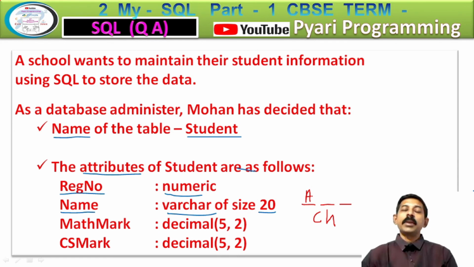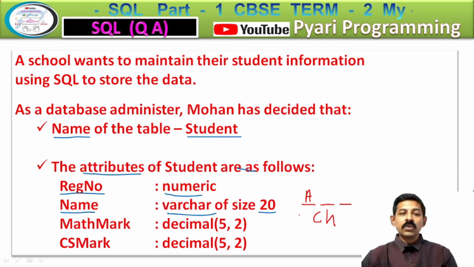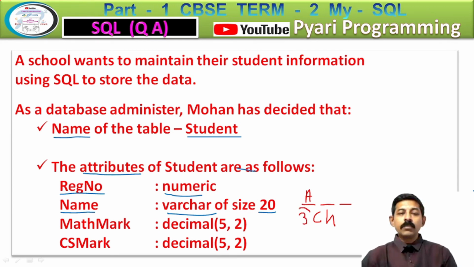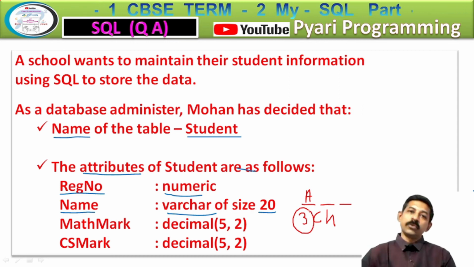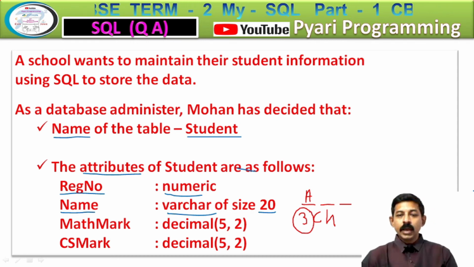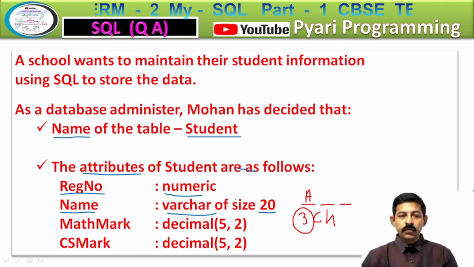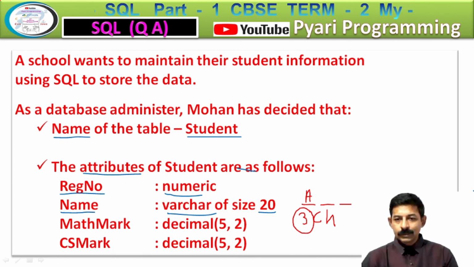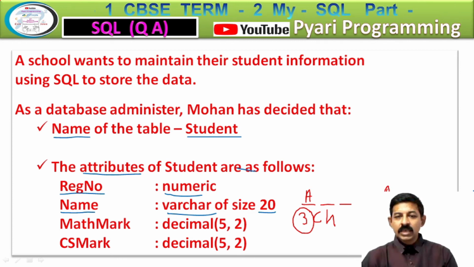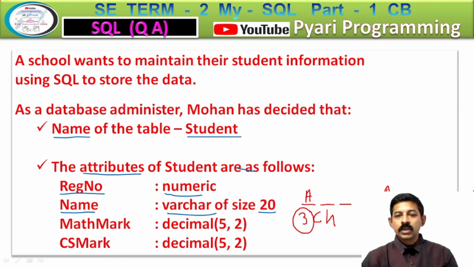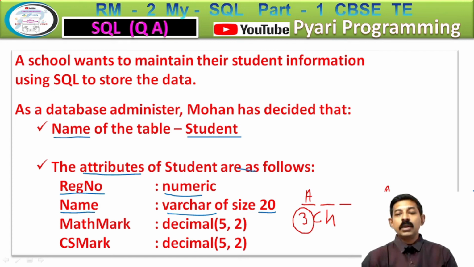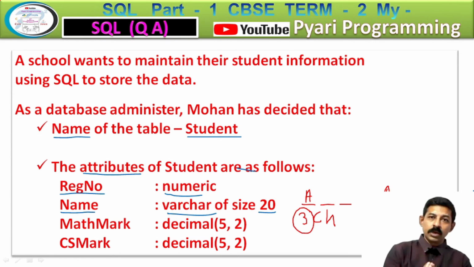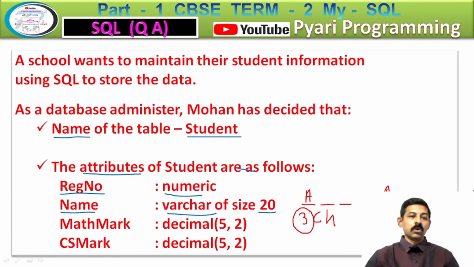What will happen in the character? The size will be 3 only. Even if I am storing one character, the size will be 3. But if I am doing the same thing over here, storing A, its size will be 1. That's why it is called variable length character. It will exclude the spaces based on the number of characters stored in it. Got the difference? So, chalo.